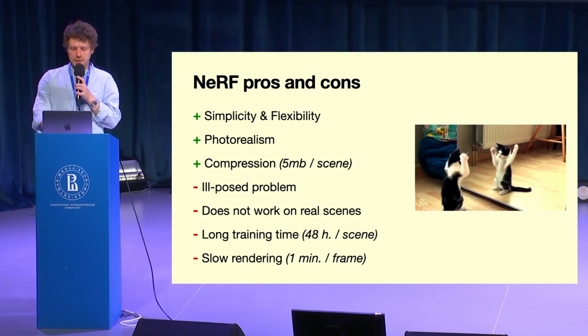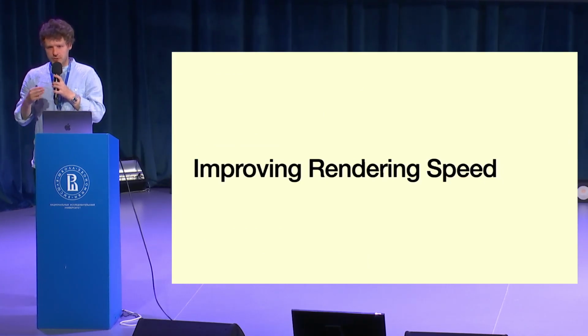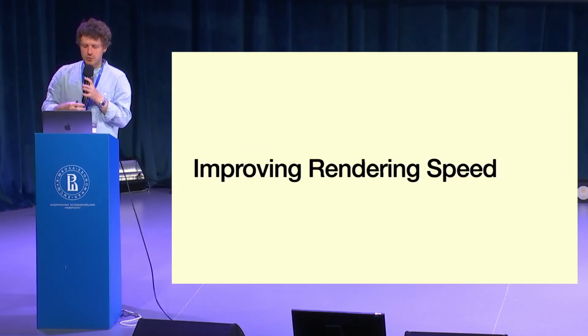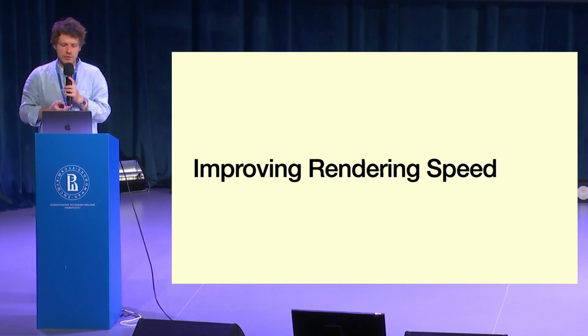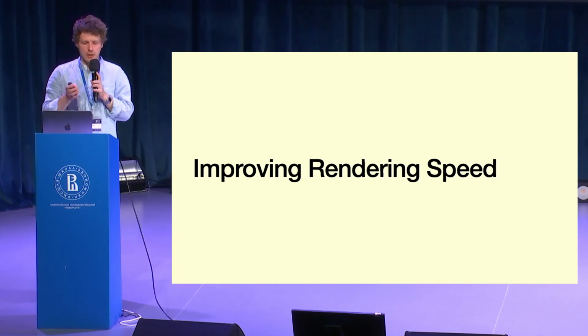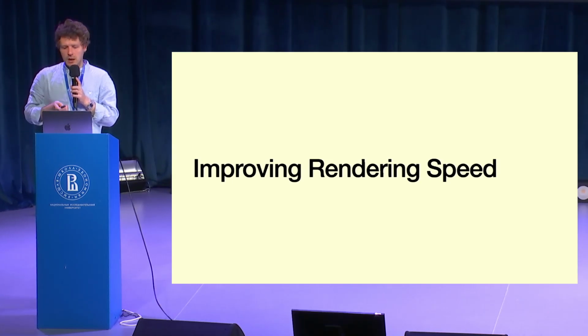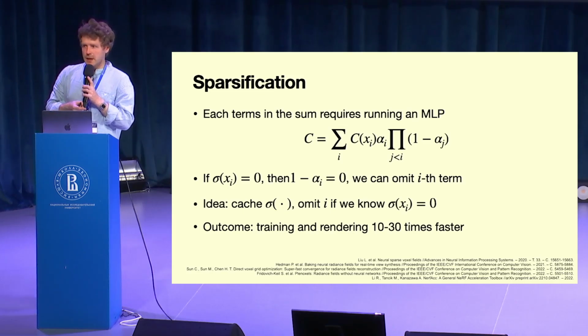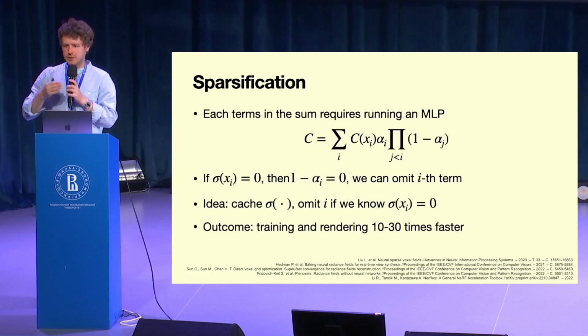In the next sections of the talk, I talk about efforts in improving rendering speed and efforts in improving quality that led to us being able to reconstruct real scenes with modern software. So, first of all, we'll discuss improving rendering speed. There were several solutions behind improving rendering speed.